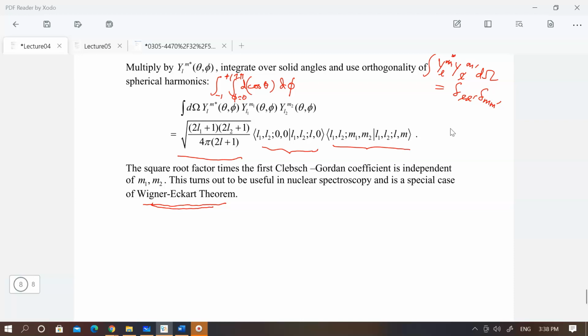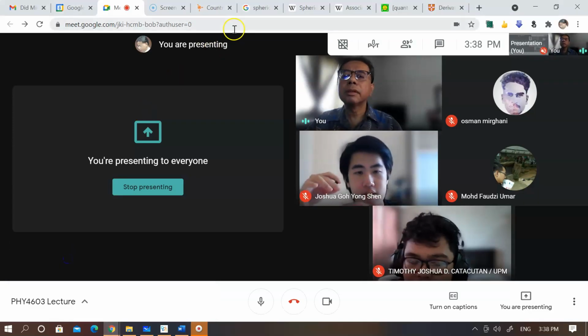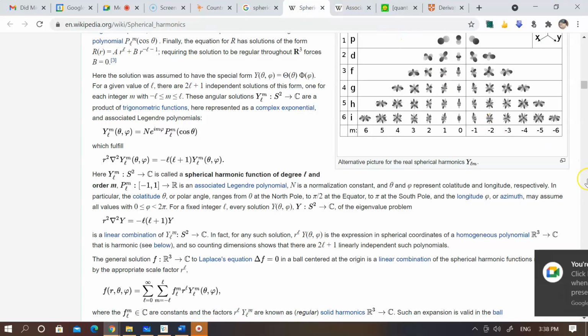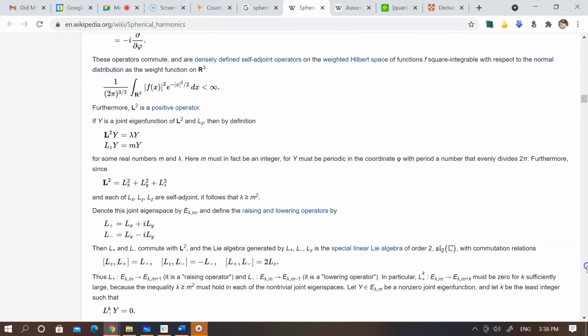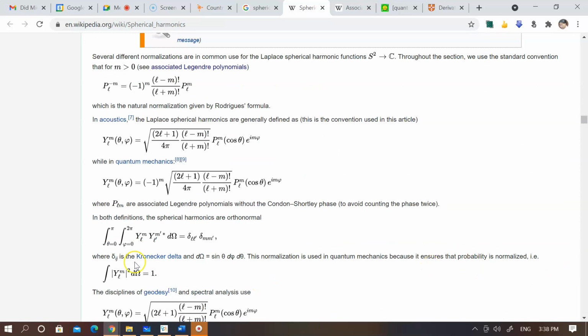You have to remember, even in ordinary spherical harmonics, you have to go back to perhaps the first course of quantum mechanics. Let me see if it's on the website or not. Yeah, this kind of thing.